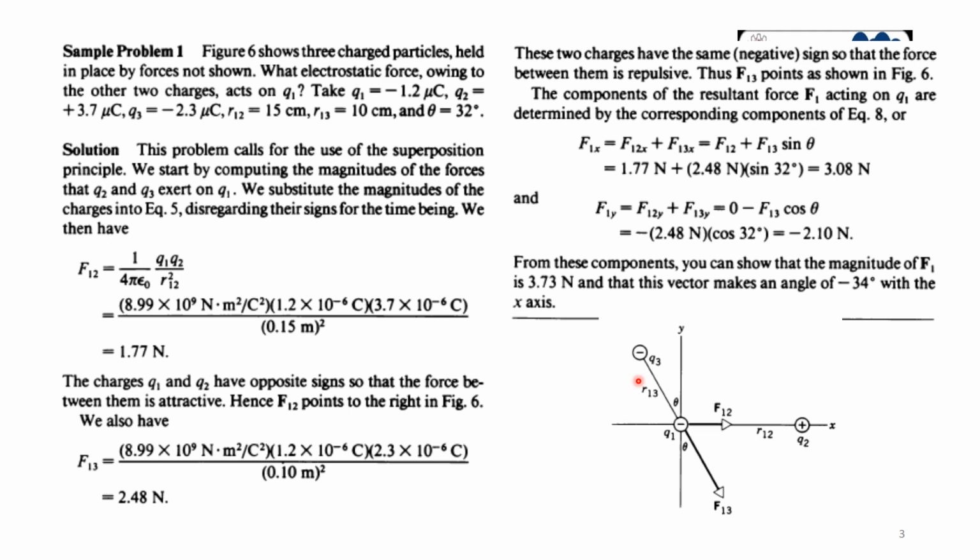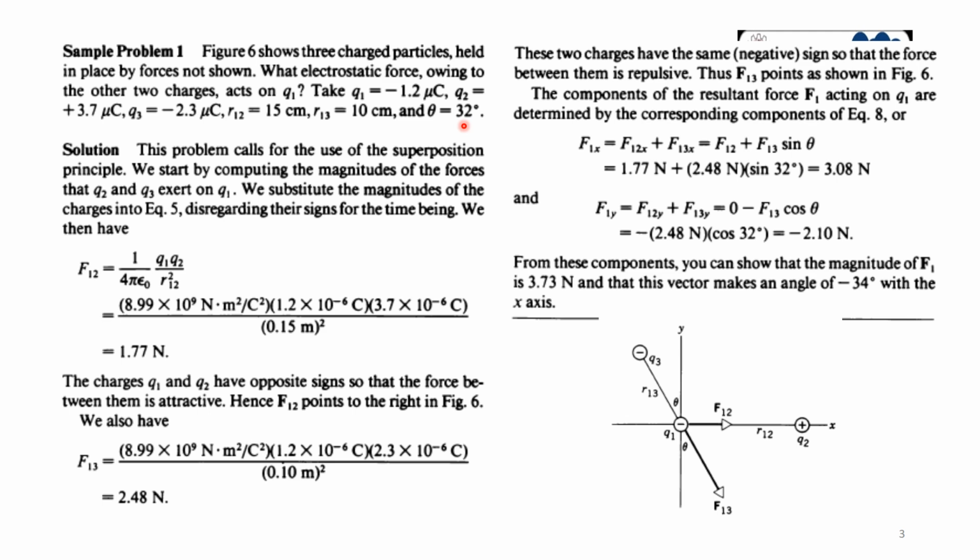We have already discussed in the last class that if we have two same signs, both charges repel each other, so the direction of F13 will be in the fourth quadrant. If Q3 is placed in the second quadrant, the direction of F13 will be in the fourth quadrant, and theta will be created here with respect to the fourth quadrant. The value of theta is 32 degree.